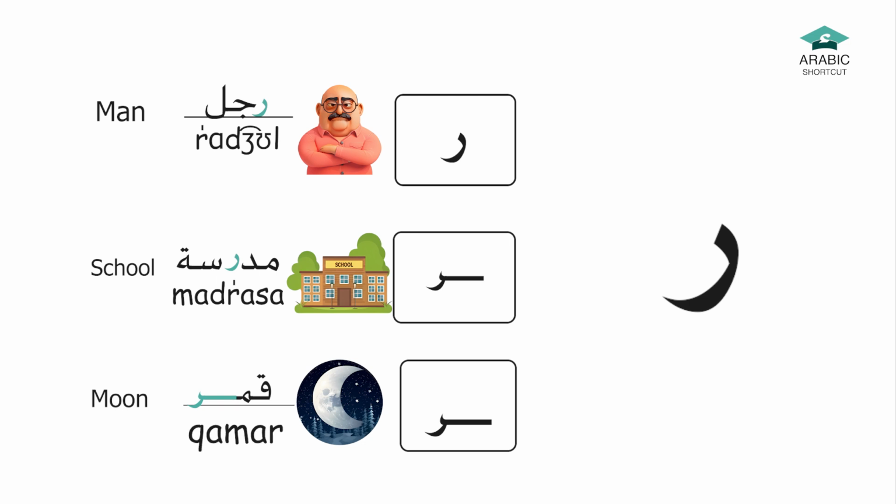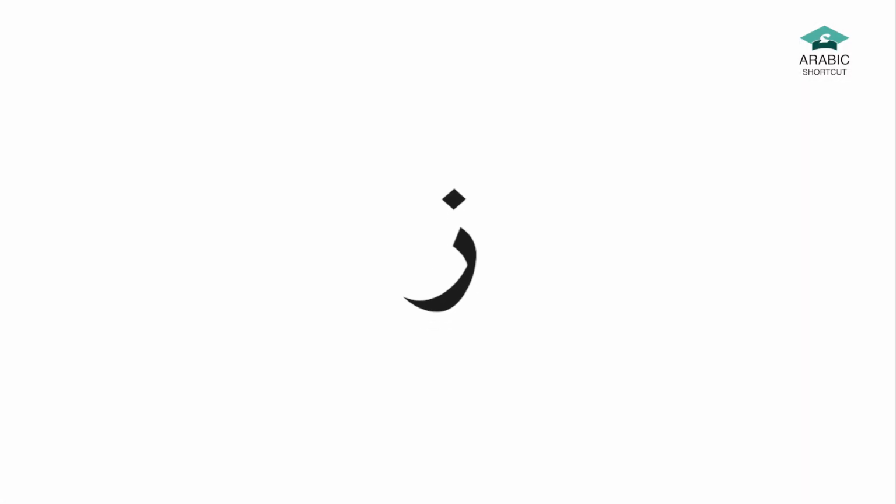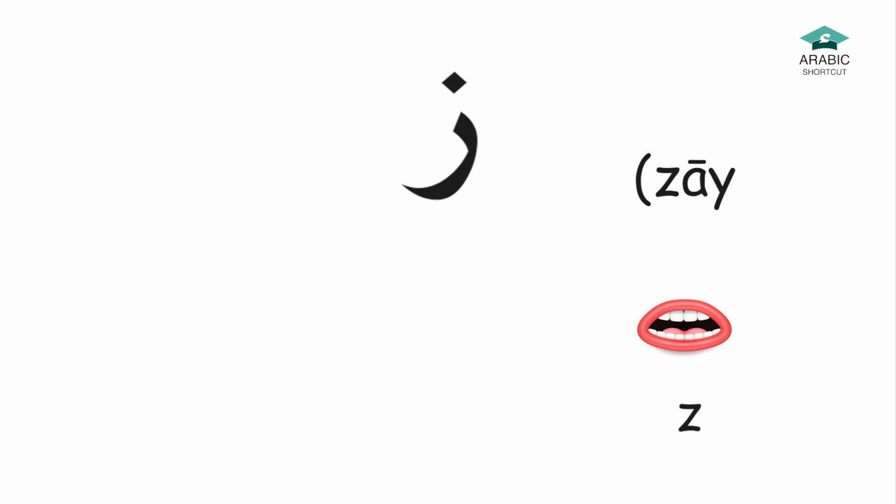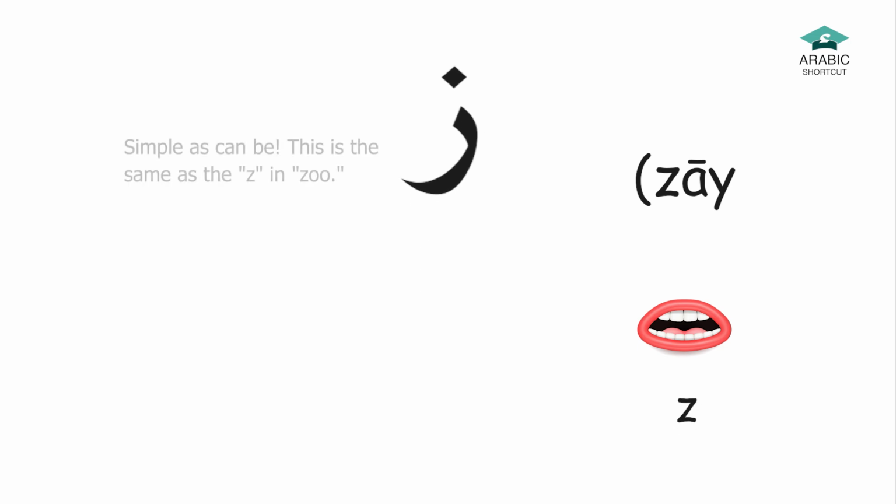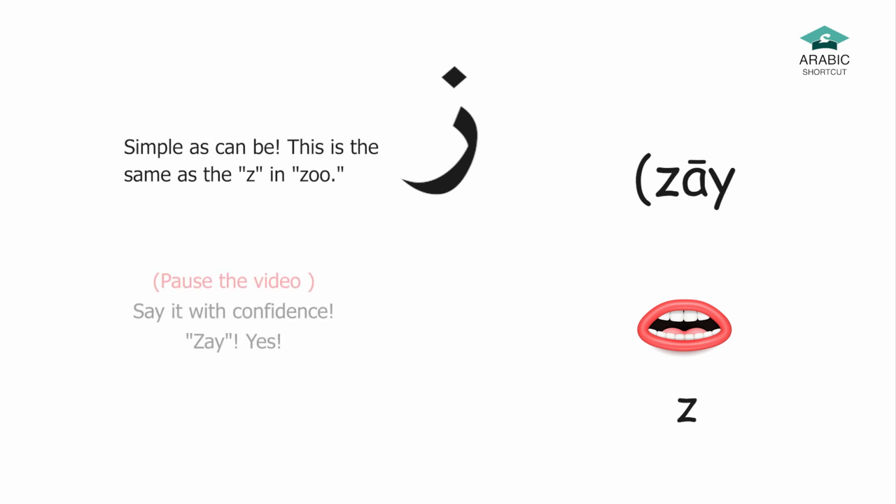Qamar means moon. حرف الزاي. زاي. Z. Simple as can be. You sound almost exactly like the Z in zoo or zebra. Pause the video. Say it with confidence. Zay. Yes.